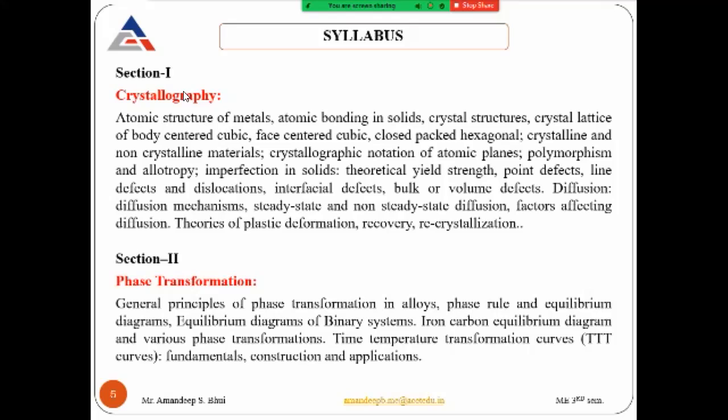The various defects and dislocations associated with the metal structure. Then the diffusion mechanism, steady and non-steady diffusion, factors affecting diffusion, theories of plastic deformation, recovery and recrystallization. We will learn all these things in the first chapter.